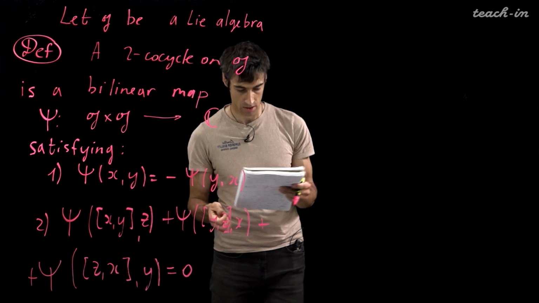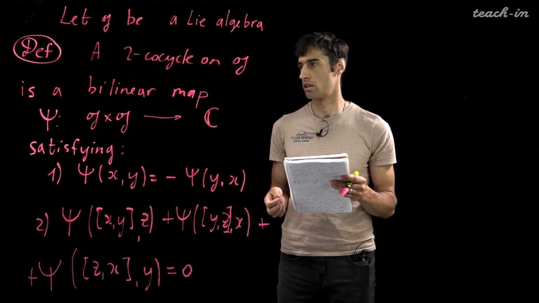Okay, so such a thing we call a 2-cocycle.